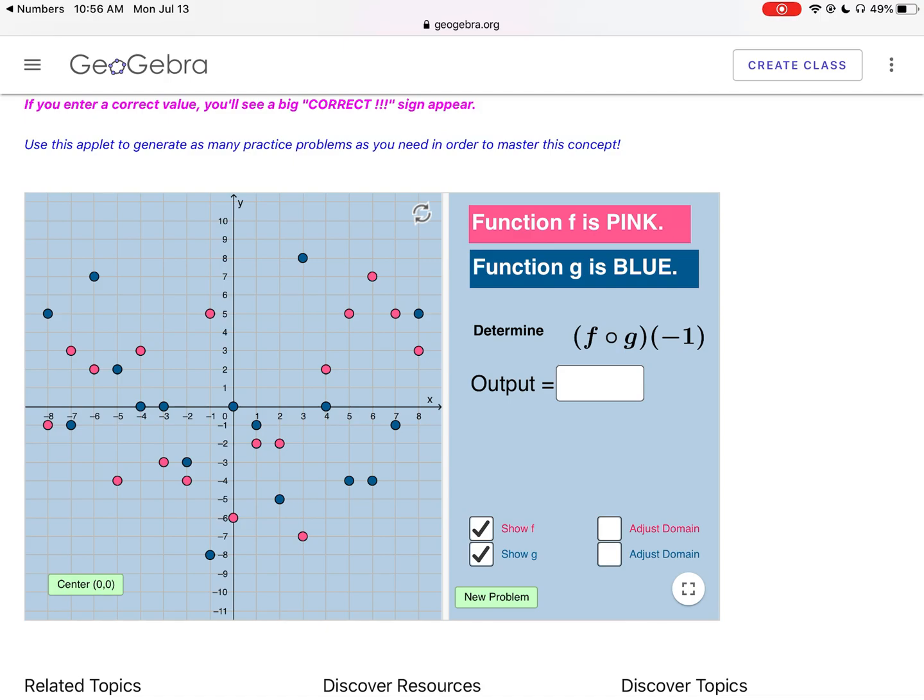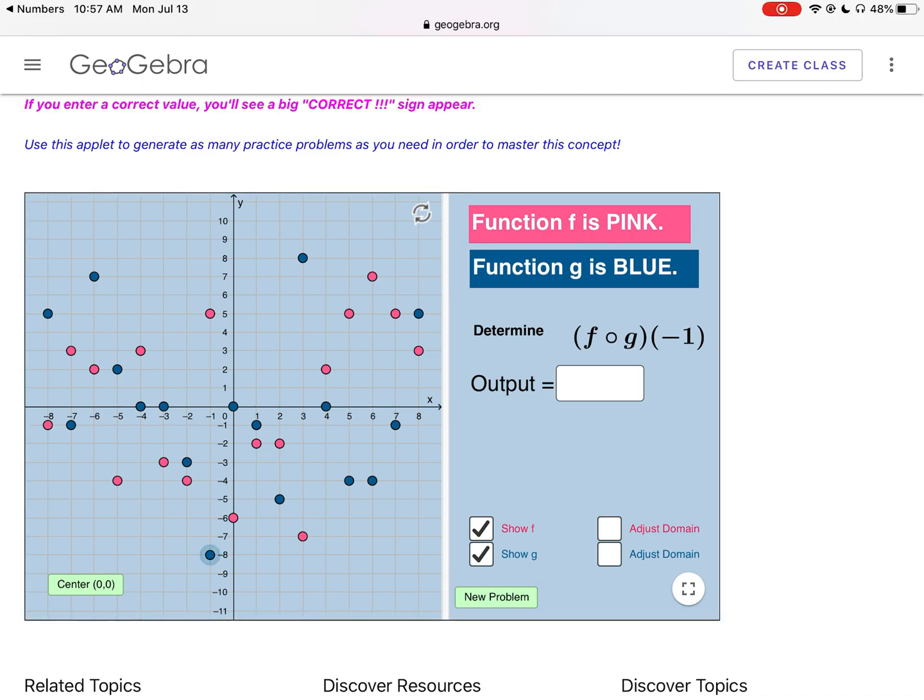And I would like to find f composed of g of -1. Now, based on that notation, I'm starting by plugging -1 in for an x value in the function g. So I'm looking for a blue point whose x coordinate is -1, and that would be this point right here.